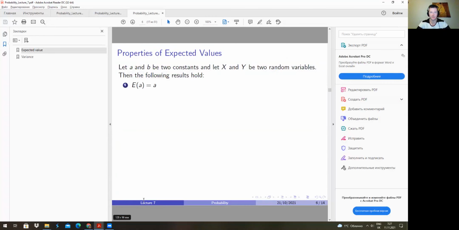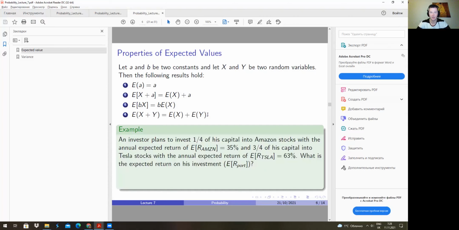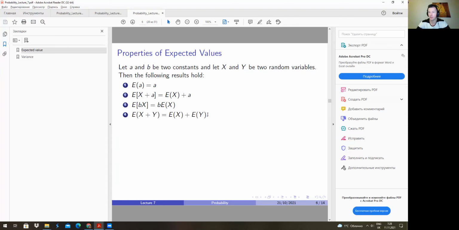Let me remind you briefly that if we have a and b some constants and x, y some random variables, then we said that the expectation of a constant is just the constant, the expectation of a random variable plus a constant is this, the expectation of a product of a constant and the random variable is the constant times the expectation, and the expectation of a sum of two random variables is the sum of their expectations. Right, so we must be familiar with this from lecture number 7.